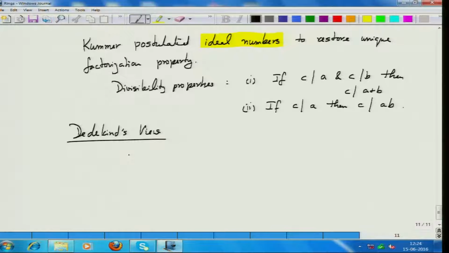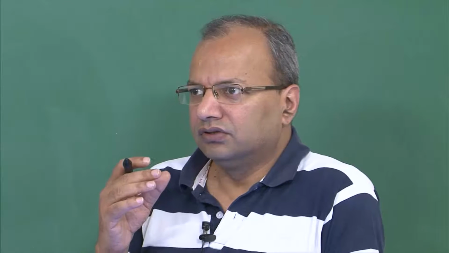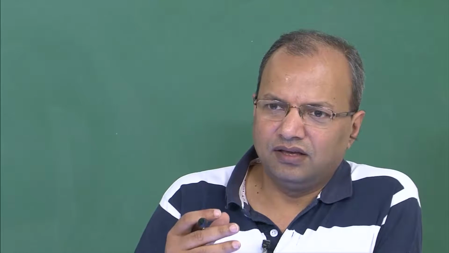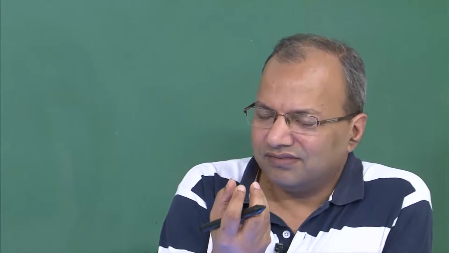Since we are interested again primarily in divisibility, his view was to treat each number not as a number per se. Of course, it is a number, but he adopted a different view, which is to view each number as a collection of numbers which are multiples of it.